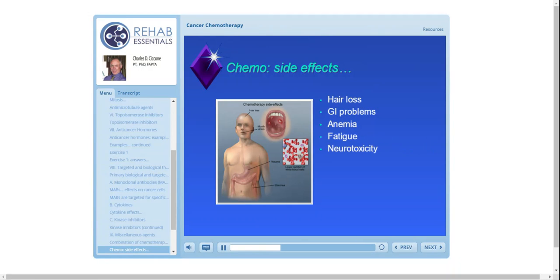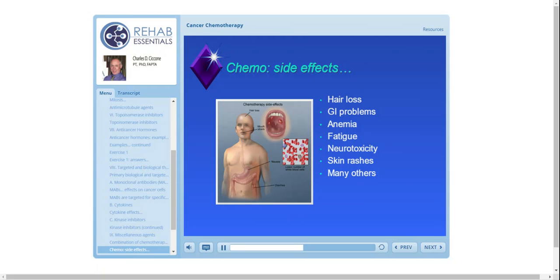These drugs are fairly toxic to lots of tissues. We can also add cardiotoxicity to that. Many of these drugs are also cardiotoxic. We see skin rashes and many other possible side effects.